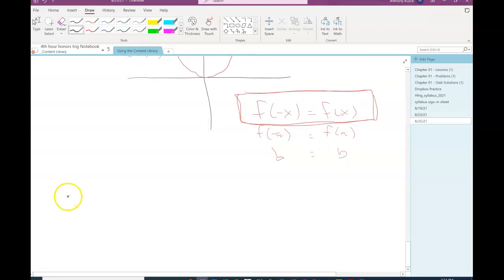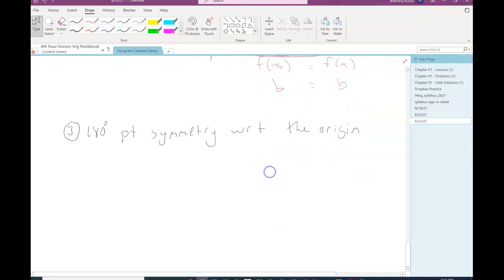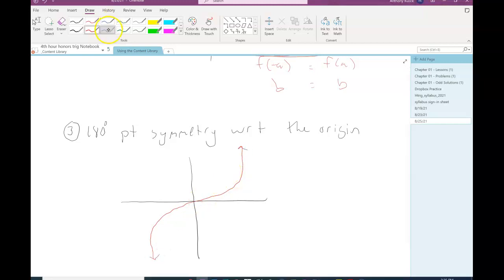Okay. The third kind is called 180-degree point symmetry. I'm abbreviating point with PT. With respect to the origin. Try to do a nice job here.